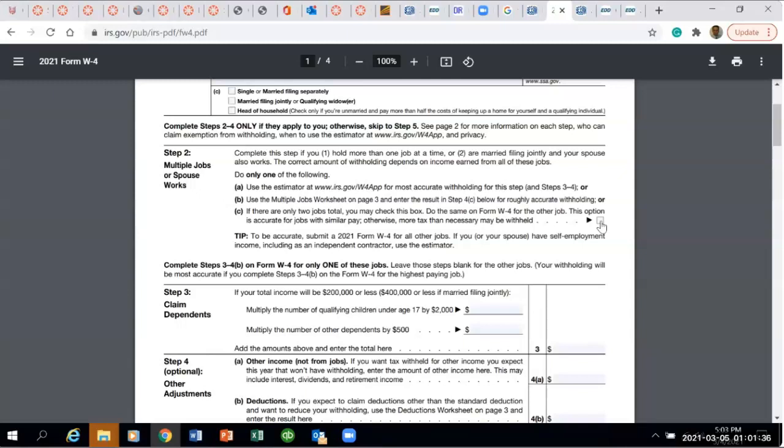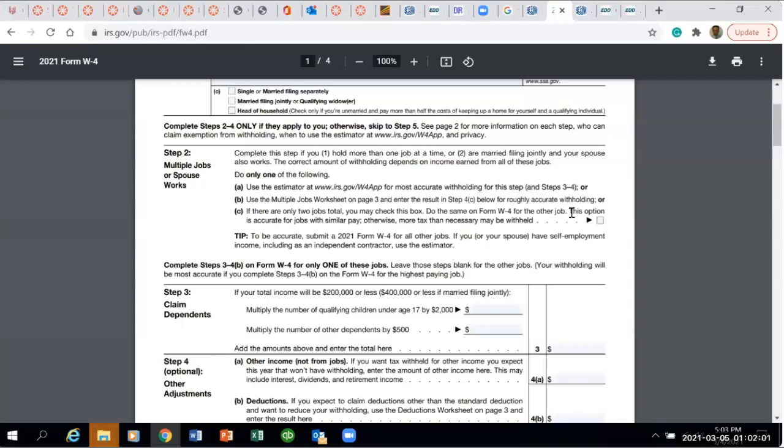If it's checked, then you use that second column, the right-hand side. If it's not checked, then it's standard. Okay, but what is this box anyway? Just to be curious, what is it? So here, I'm just reading one of them. If there are only 2 jobs total, you may check this box. Do the same for W4 for the other job.